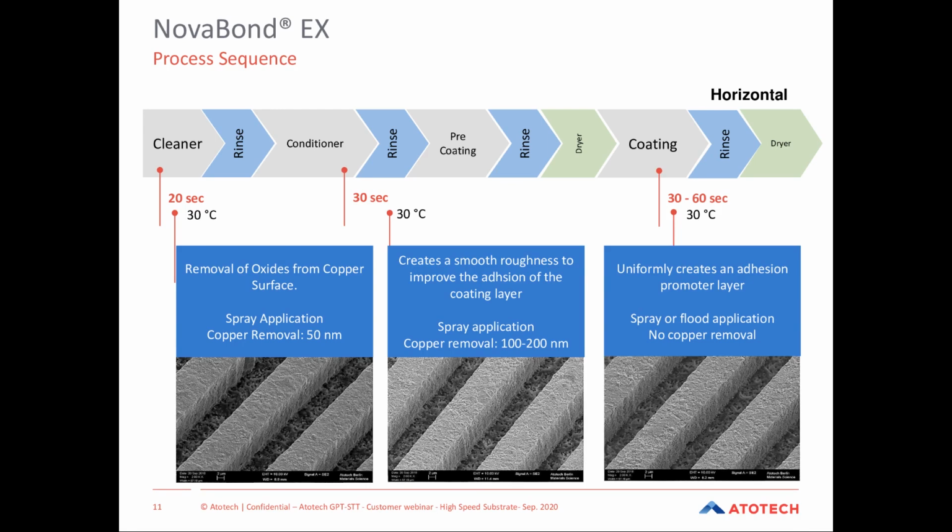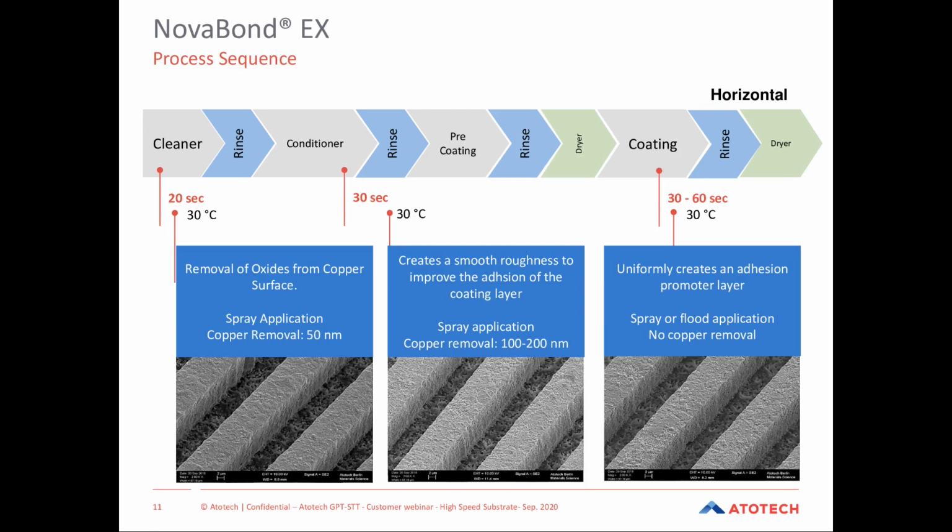The conditioner step is the second step. This is the only place where we remove some of the copper, around 100 to 200 nanometer, to create a very smooth roughness, which contributes mechanical adhesion because of the mechanical anchoring.